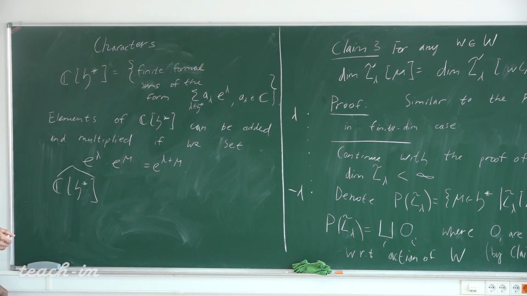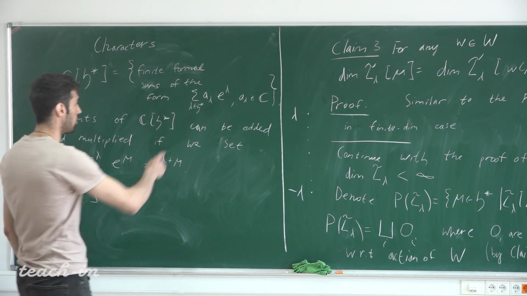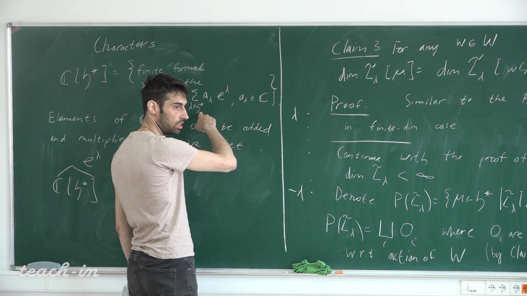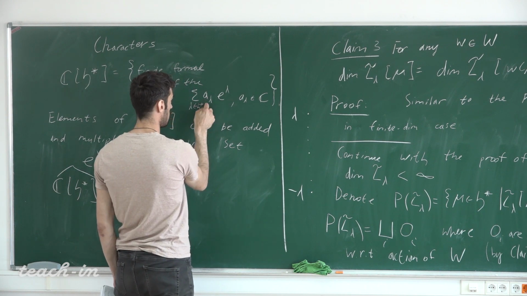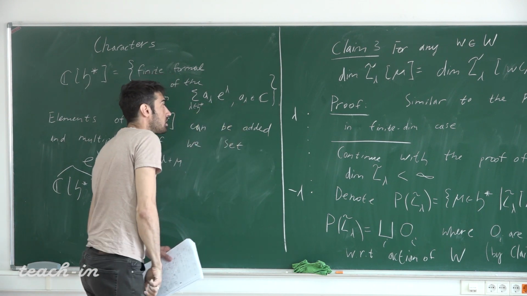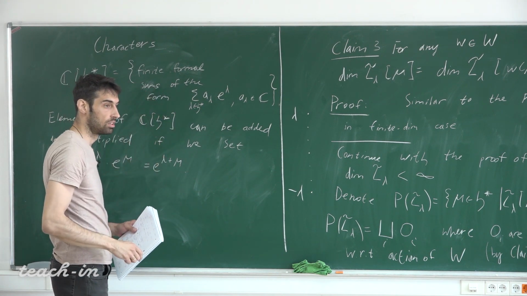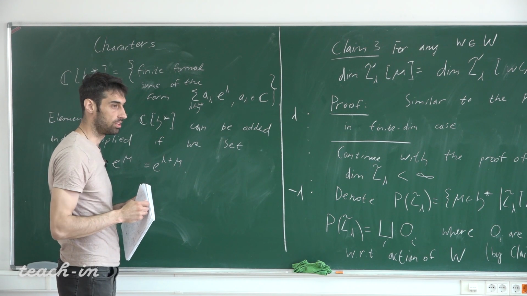I'm sorry, is the sum finite? It is finite. It's written finite formal sums. So you have formal symbols which are labeled by elements from here, and you consider finite sums like that. So each term is a complex number times some symbol like that, and you consider a finite sum of these.